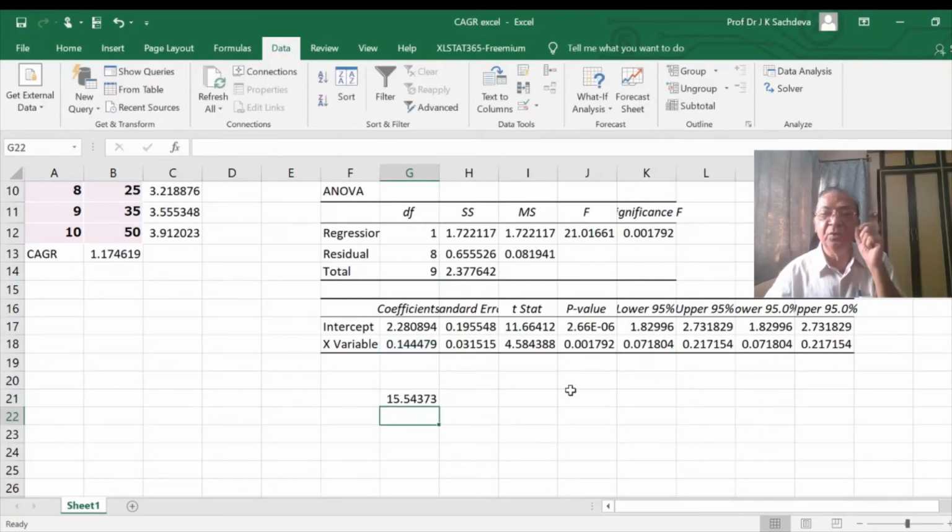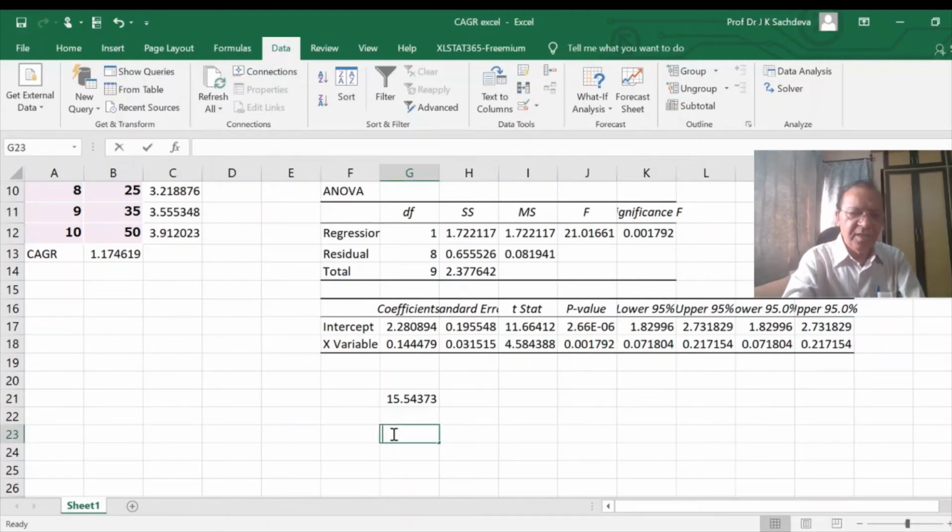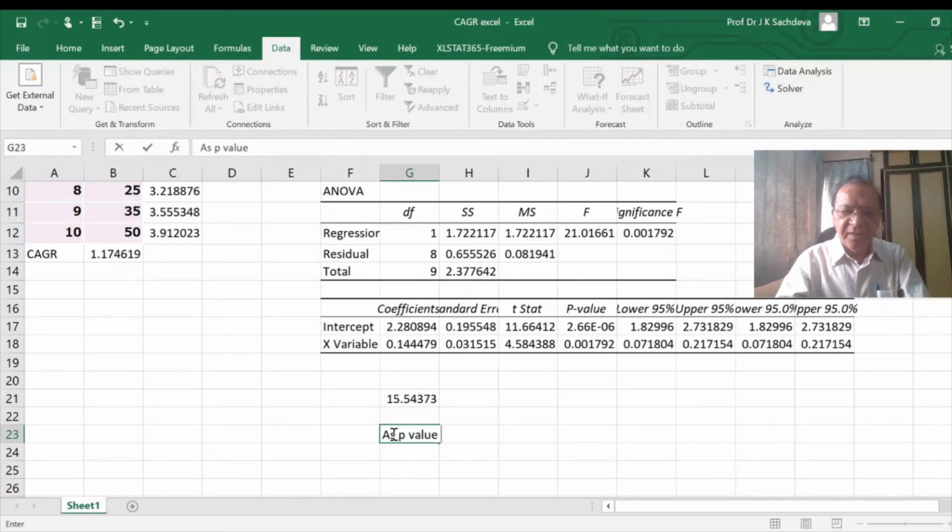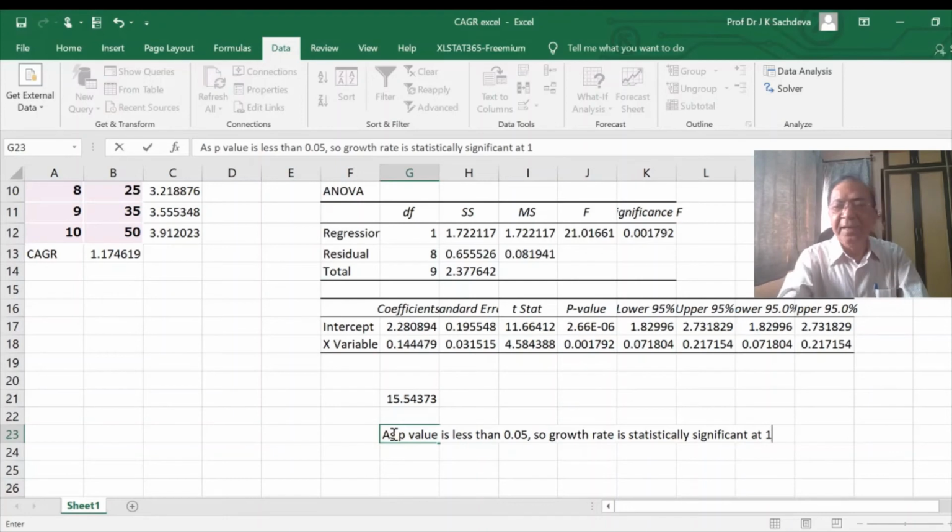Now for this compounded growth rate, the coefficient of b, the p value is less than 0.05, so the growth rate is statistically significant at the 5% level.